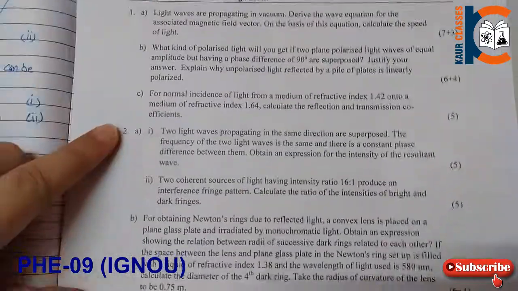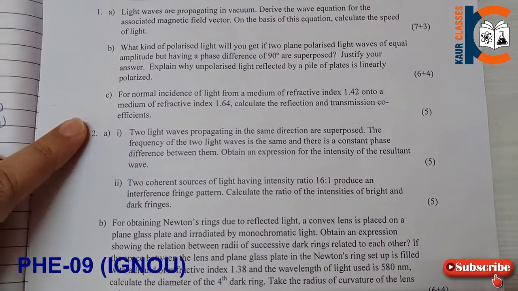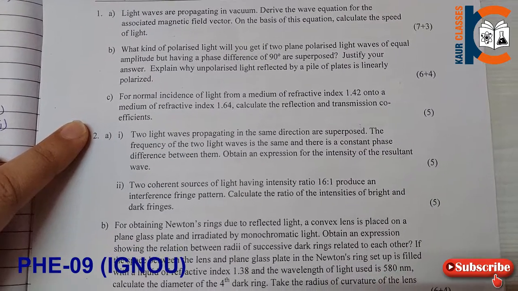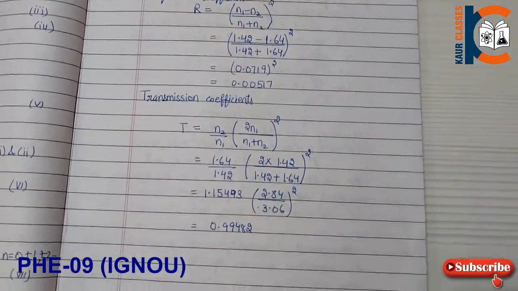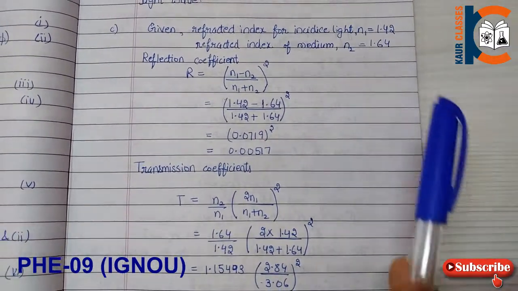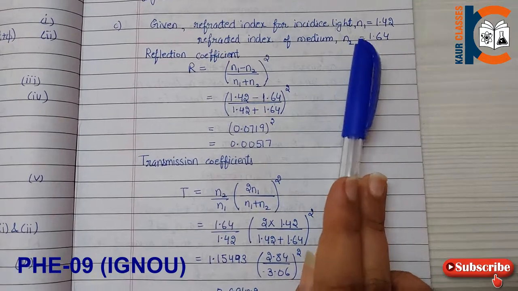Next question is, for normal incidence of light from a medium of refractive index 1.42 onto a medium of refractive index 1.64, calculate the reflection and transmission coefficients. First of all, we have the given values: n1 is the refractive index of the incident medium and n2 is the refractive index of the second medium.